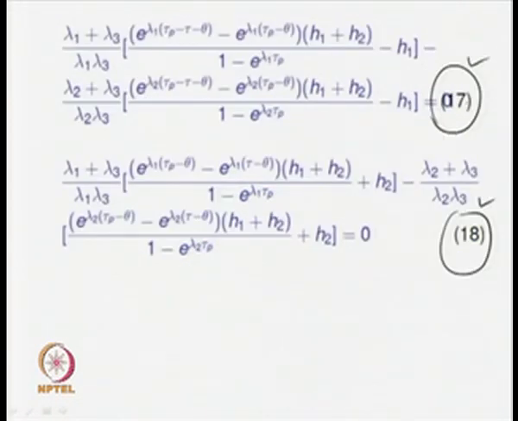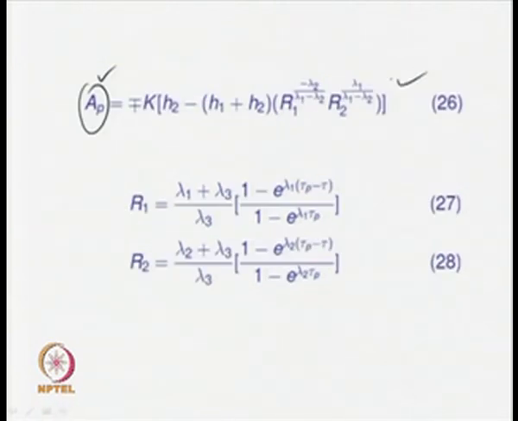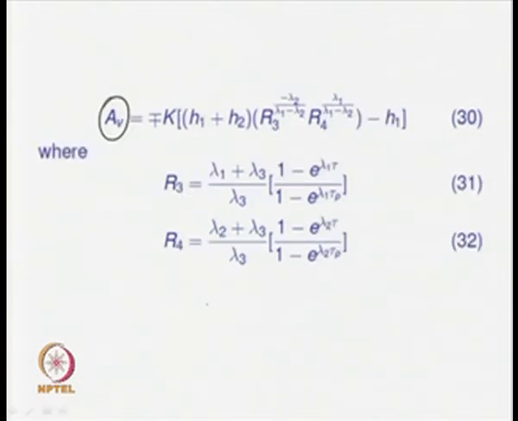So, we have got 2 expressions corresponding to the zero crossings and 2 expressions corresponding to the peak amplitude associated with the sustained oscillatory output.